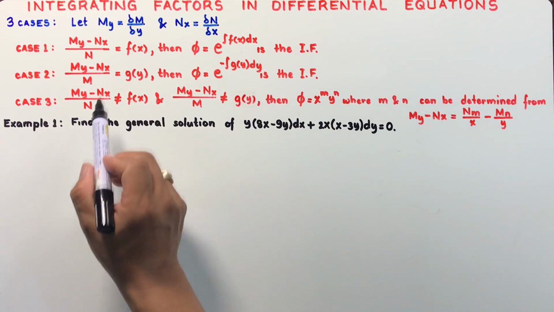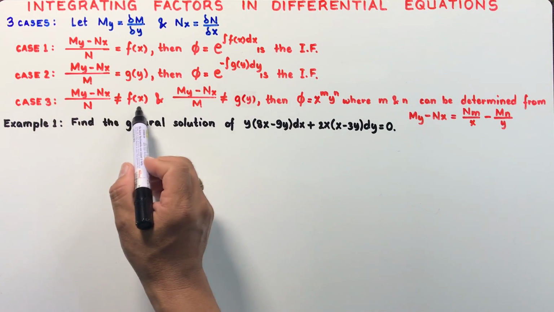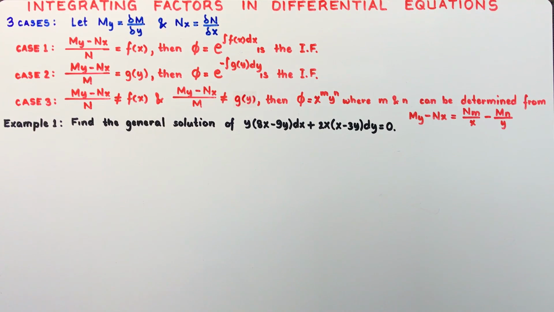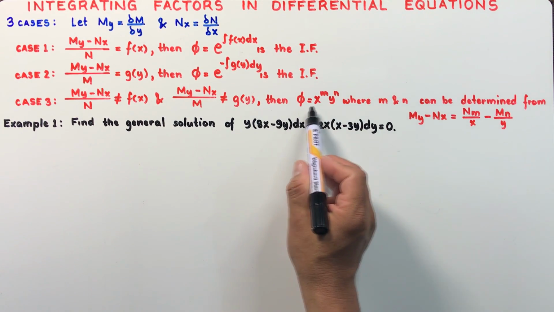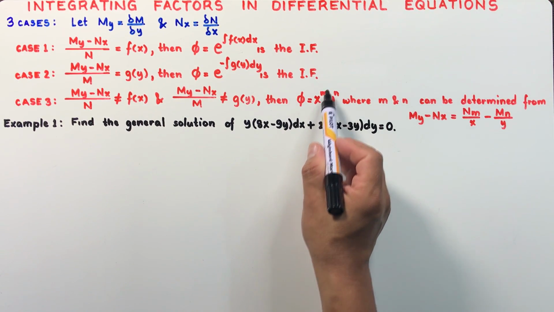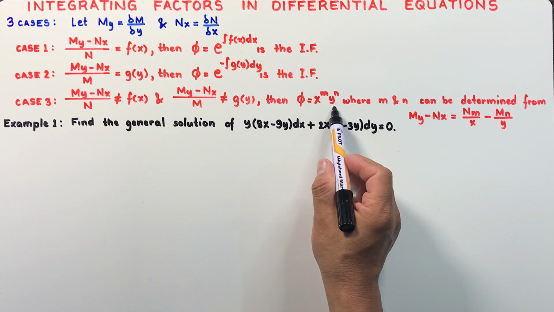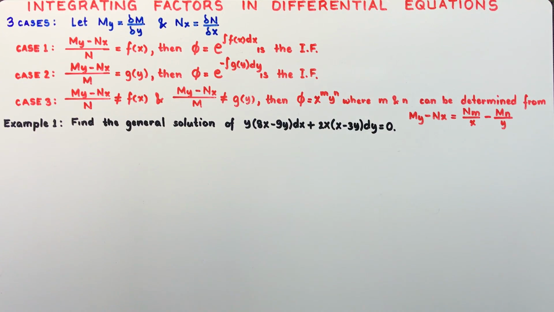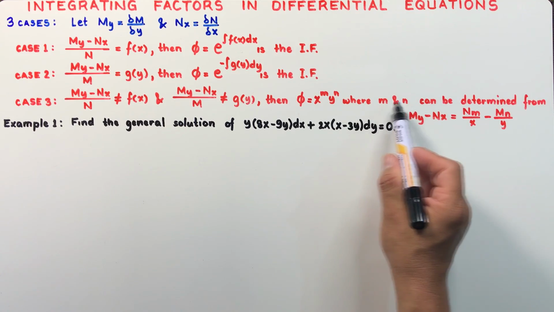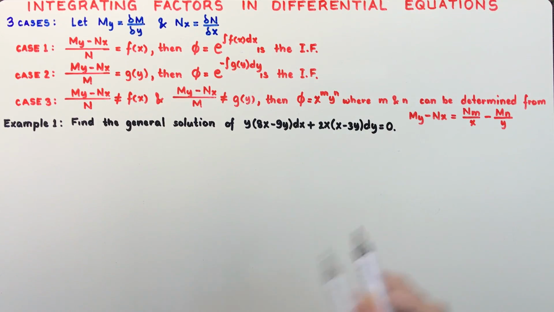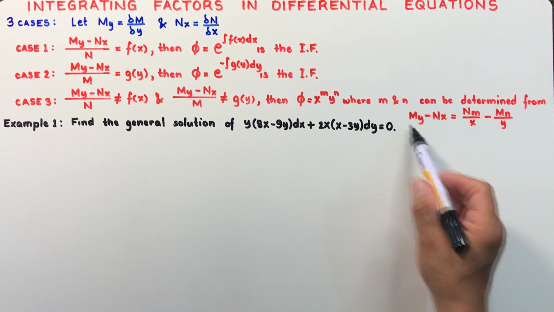But when this expression is not a function of x alone and not a function of y alone, then our integrating factor is some power of x times some power of y, where the exponents m and n can be determined in this equation here.